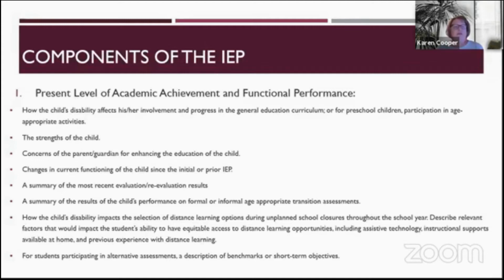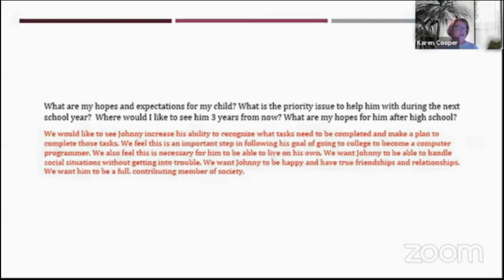So the next section of the present level of academic achievement and functional performance is concerns of the parent or guardian for enhancing the education of the child. I will tell you that this is the only section of the IEP where parents have complete say in what goes into this section and how it's written. So what I suggest is that parents prepare their concerns prior to the IEP meeting and send those concerns to the case manager prior to the IEP meeting.